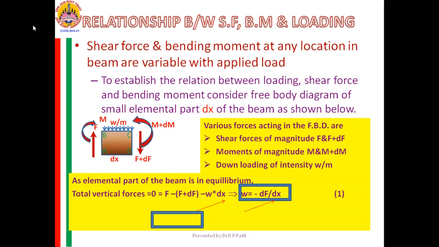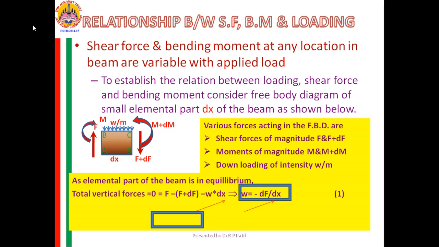First, you keep the finger at A. Now F is touching A. Therefore, F into 0. Next is go for F plus dF. It is acting at D. F plus dF into distance dx. Moment created by F plus dF is F plus dF into dx, and if you keep the finger at A, it will rotate in clockwise direction. Therefore, I can take it as positive.